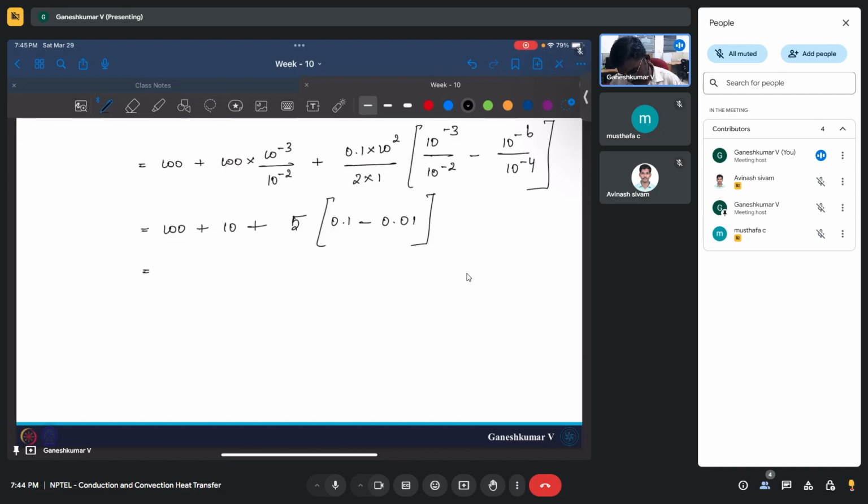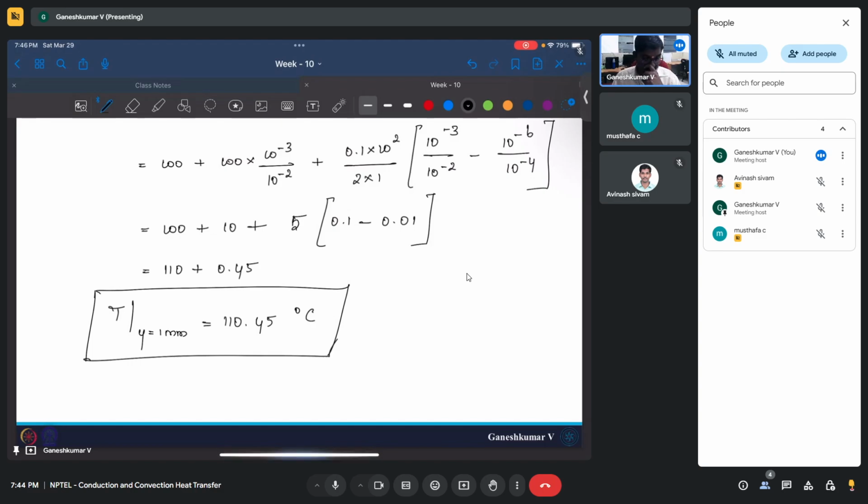Oh, correct. Yeah. So this becomes 110 plus 0.45. So the temperature at y equal to 1 mm is 110.45 degrees Celsius.